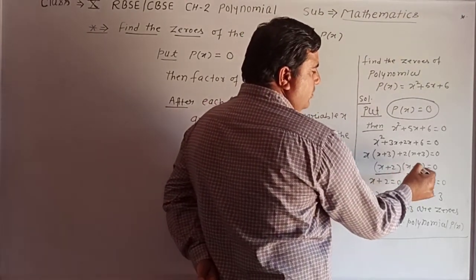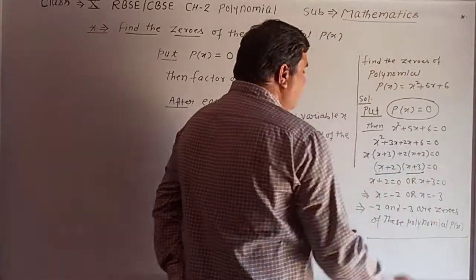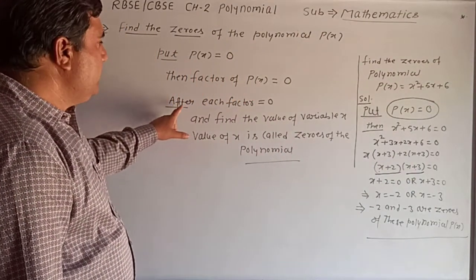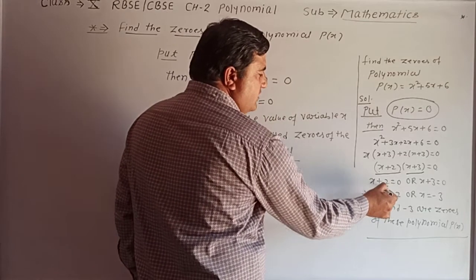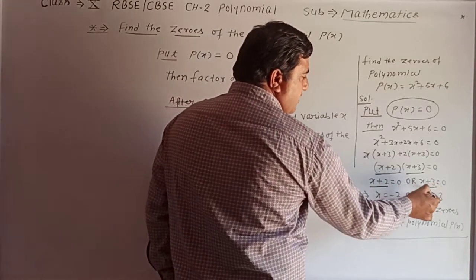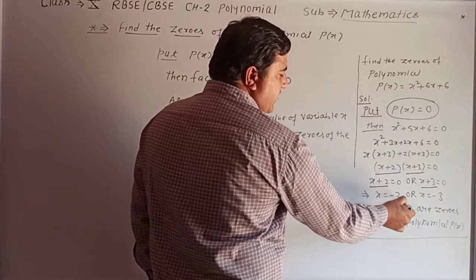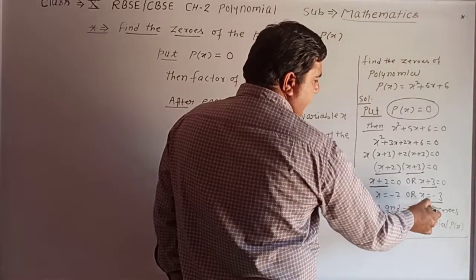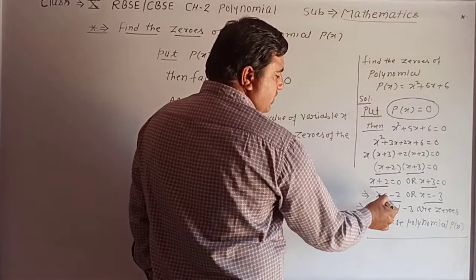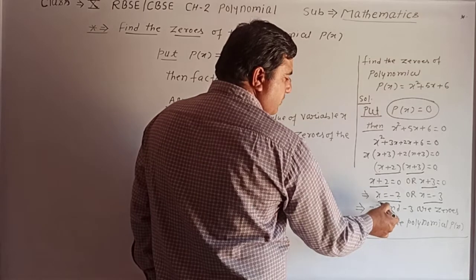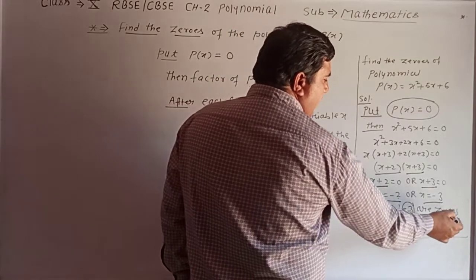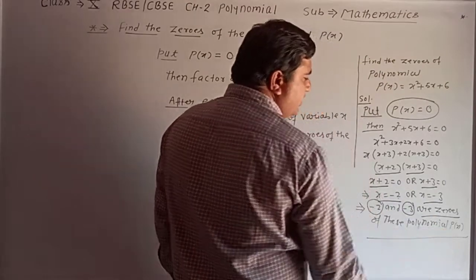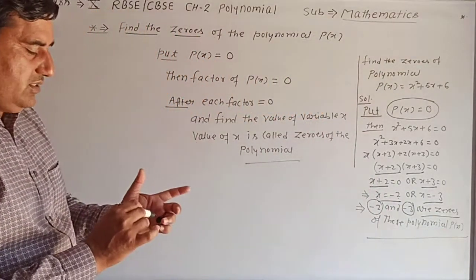So (x plus 2)(x plus 3) equals to 0. Each factor equals to 0, so x equals to minus 2, x equals to minus 3. So the values minus 2 and minus 3 are the zeros of this polynomial P(x).